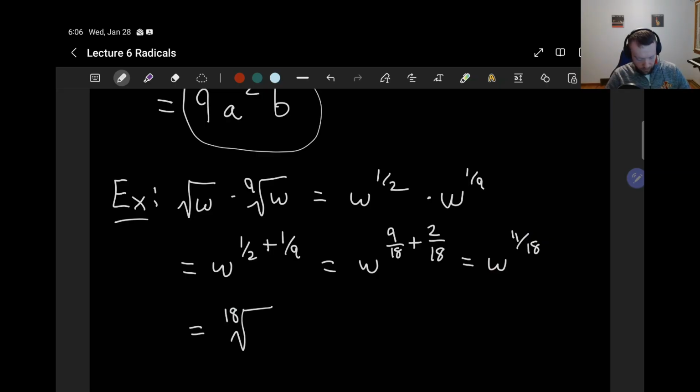Okay, now I'll reframe this as the 18th root of w to the 11. And that's the simplest it gets. So exponent rules came to the rescue.